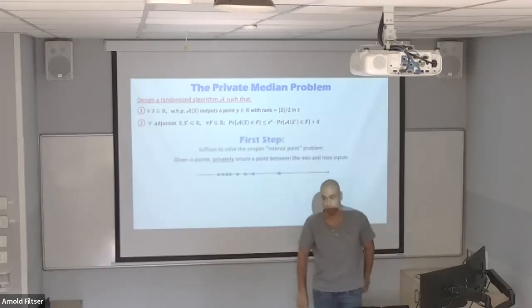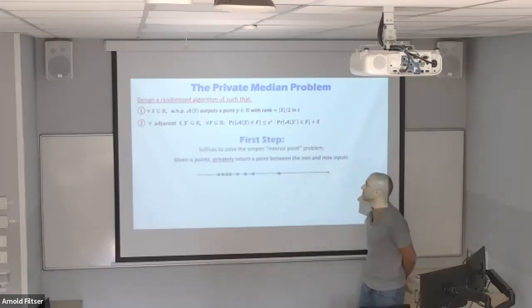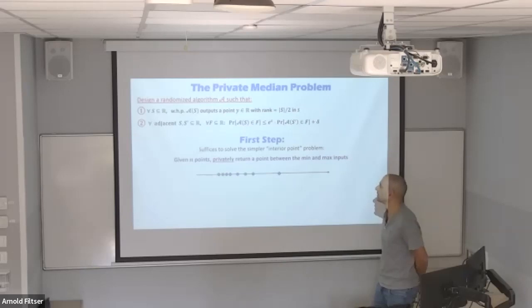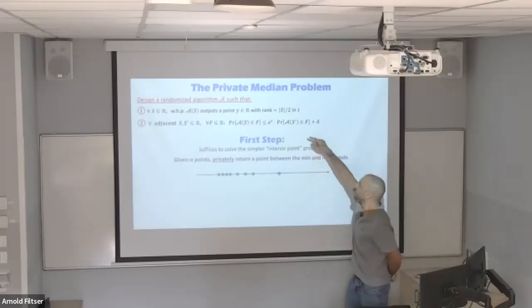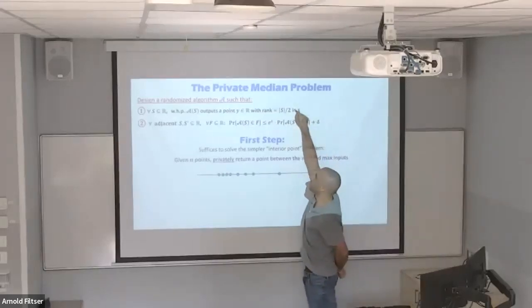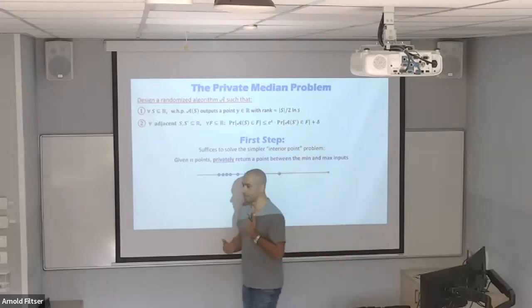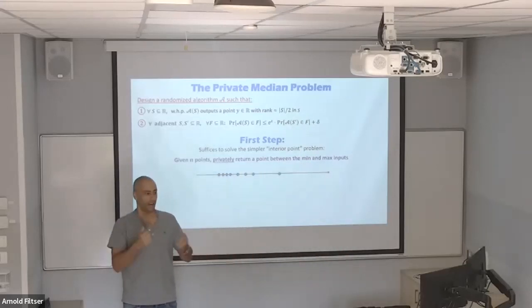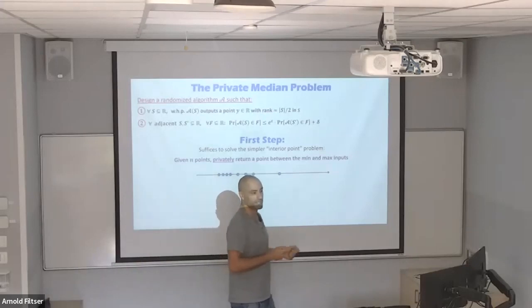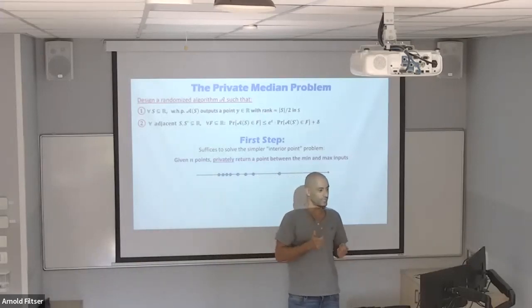And the first step towards solving this problem is to notice that we can actually focus on the following much simpler problem. The private median problem asks me to give an element with rank roughly half. Let's forget about this roughly half. Just give me a non-trivial median. Something with rank strictly bigger than 0 and strictly smaller than n.